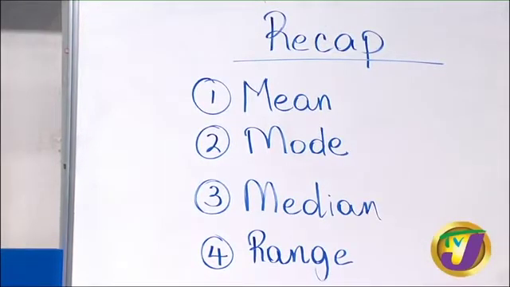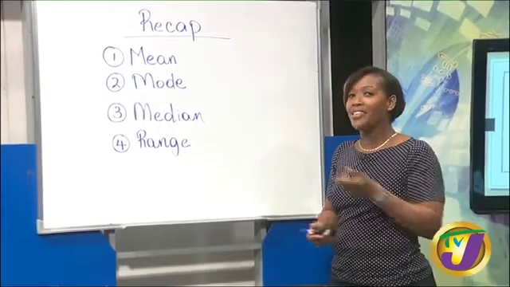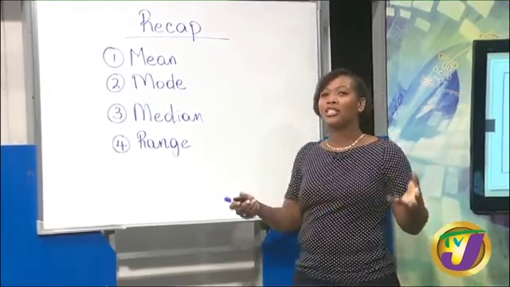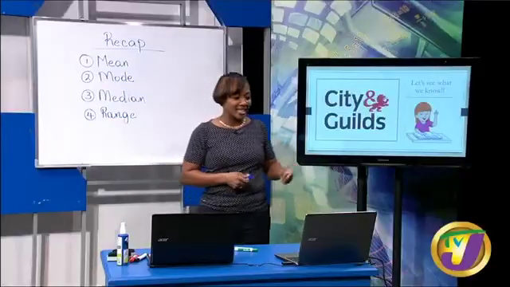You had to arrange them in ascending order and look at that middle value. Awesome job. And the range? Awesome. You looked at the least value in your set and the highest value, and you found the difference. You are doing awesome. So let us look at some City and Guilds questions.